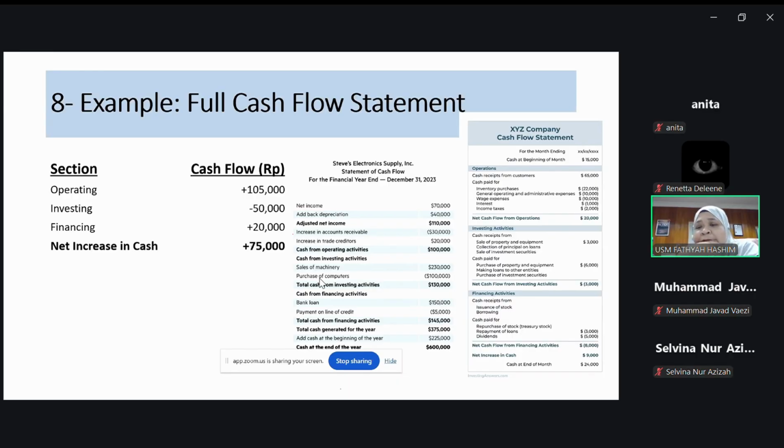So there are two statements here as examples: Steve Electronic Supply Incorporation statement of cash flow and XYZ company cash flow statement. Can you tell me which of the two statements is being prepared using the indirect method?